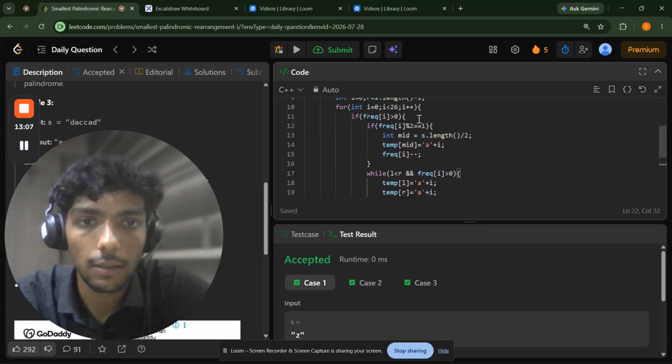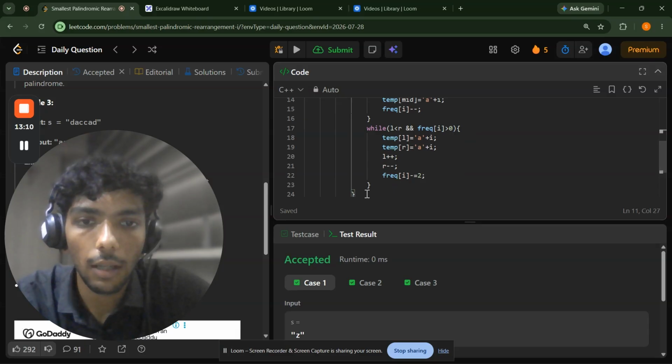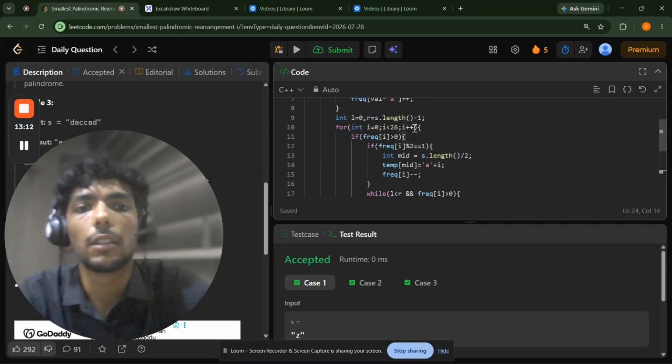Now after this is done, we increment I. I is incremented over here only.